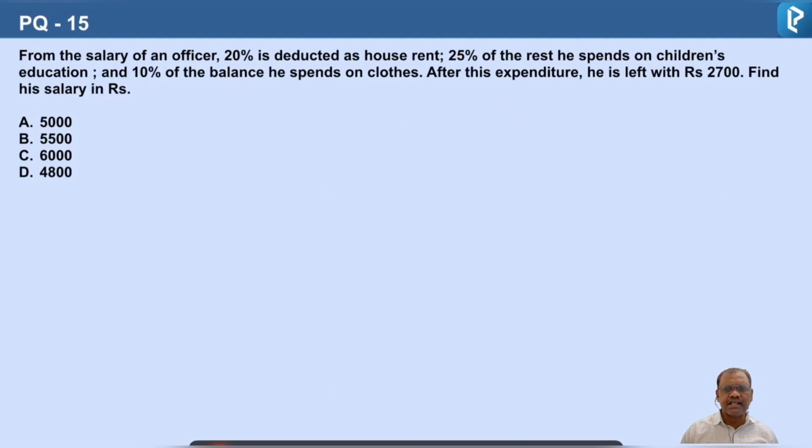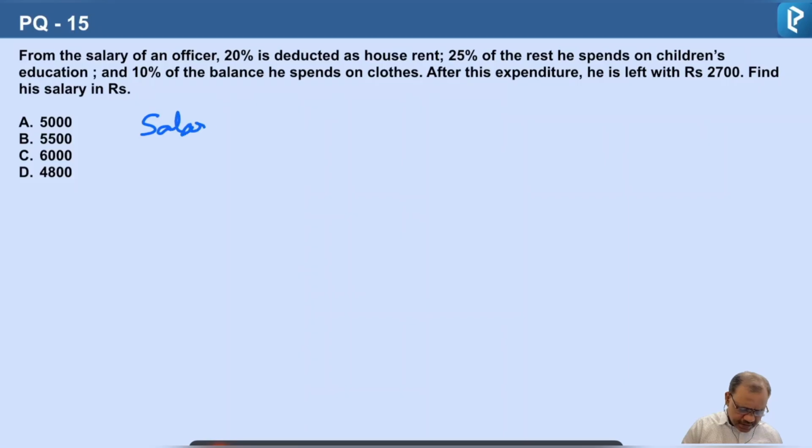Find his salary in rupees. So let us assume the salary as 100 rupees. So 20% is deducted as house rent. So let us write it to the left.